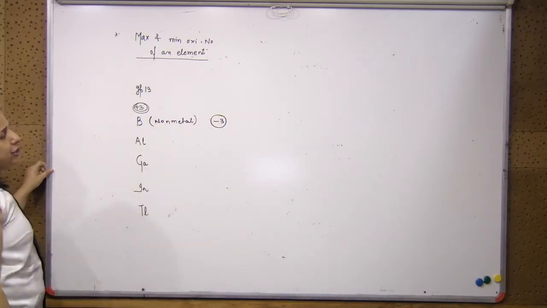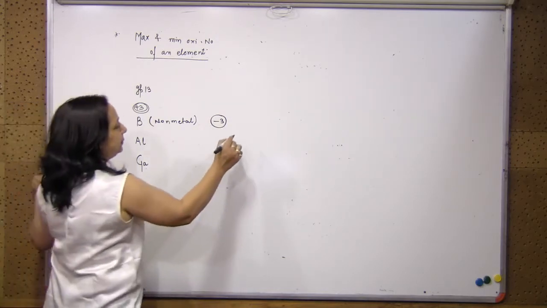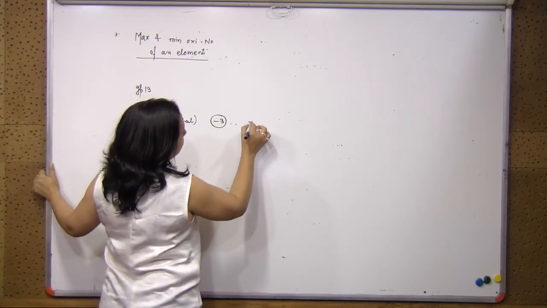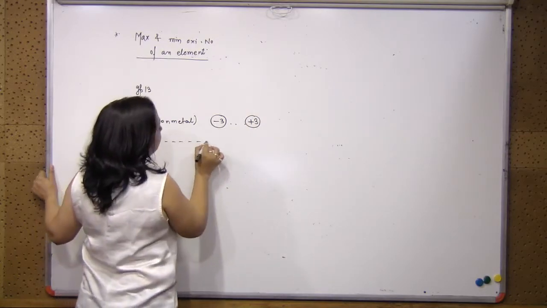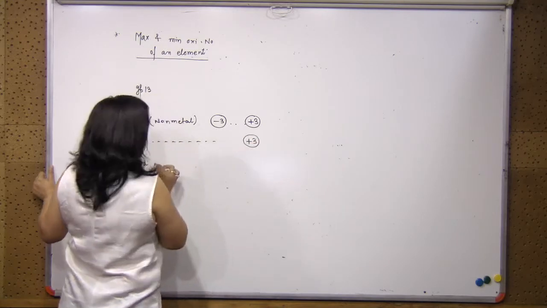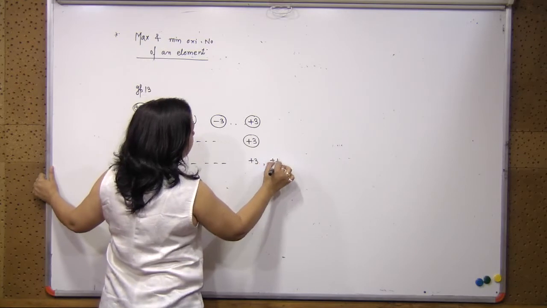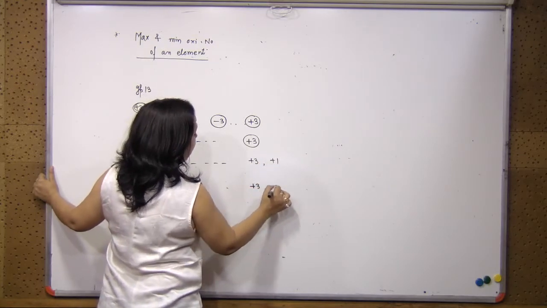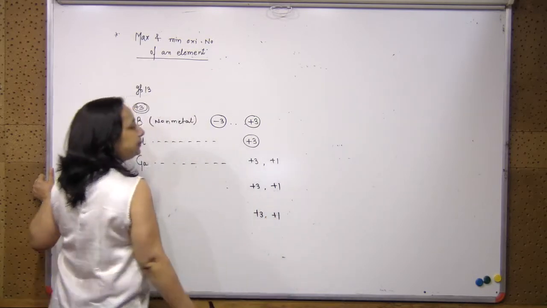It means boron can show minimum -3 and maximum +3. Aluminium, being a metal, stably shows +3. Gallium shows +3 and +1, and the same for indium and thallium: +3 and +1.